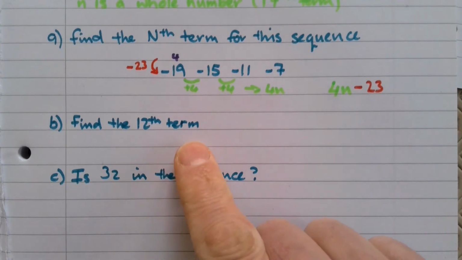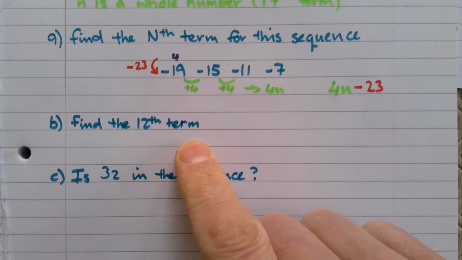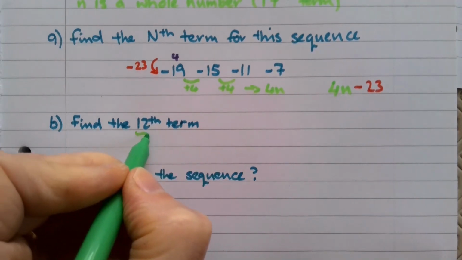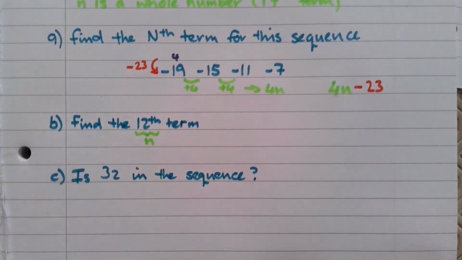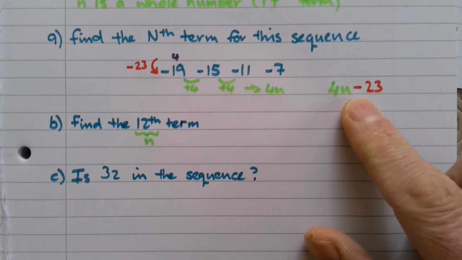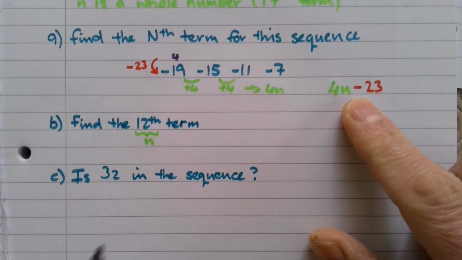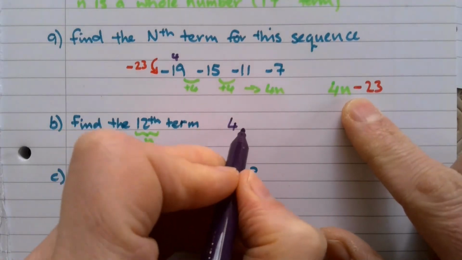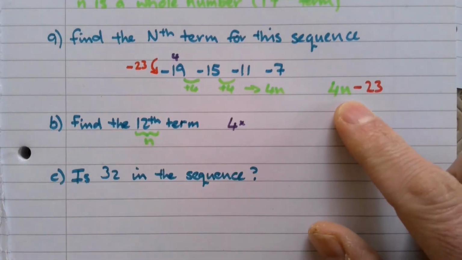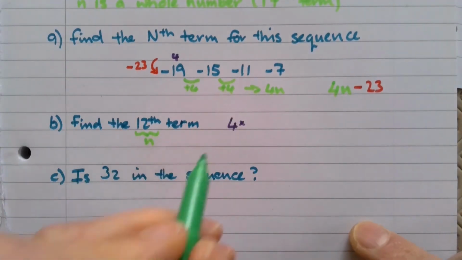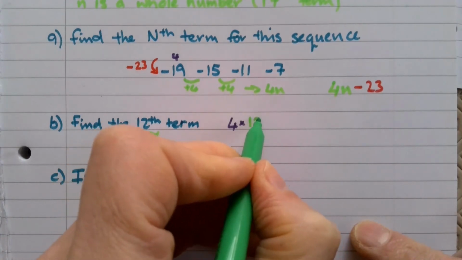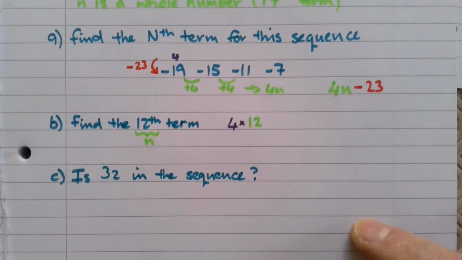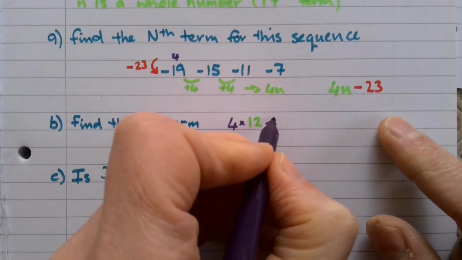So now we need to find the 12th term. So remember, the 12th term just means that's my n number. So I use my rule. So I've got 4, and touching means timesing, so 4 times n. Well, I know what n is. N was 12. And I needed to subtract my 23.